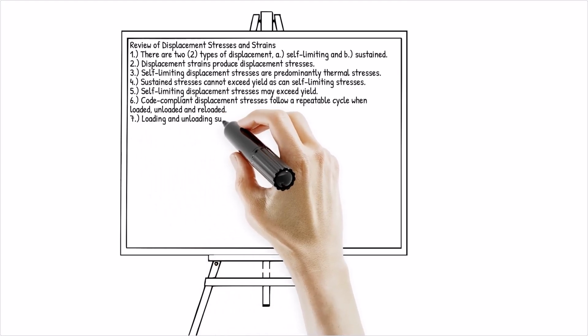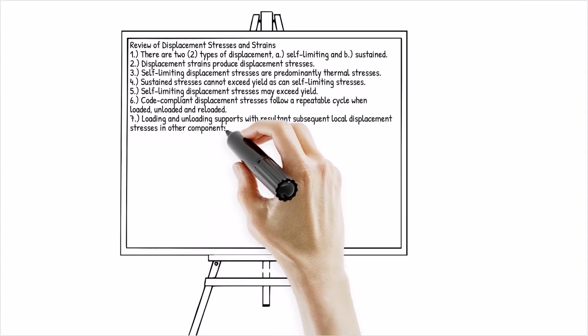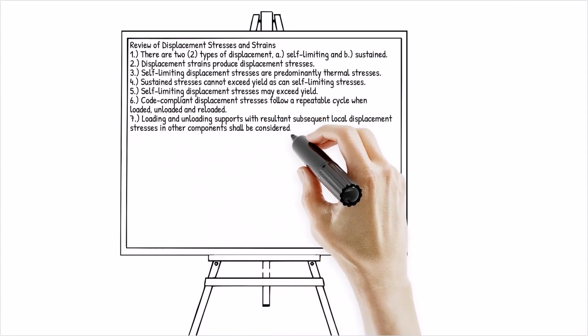We also saw where, in many cases, thermal stresses and sustained stresses are not necessarily independent, and that thermal strains and displacements can unload sustained supports and thus must be considered.